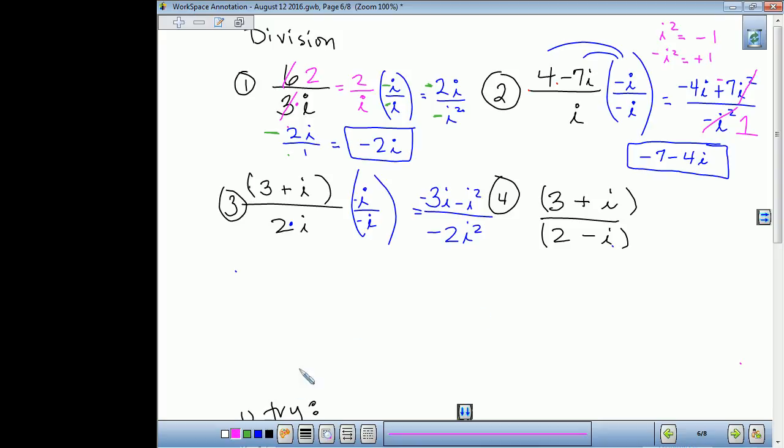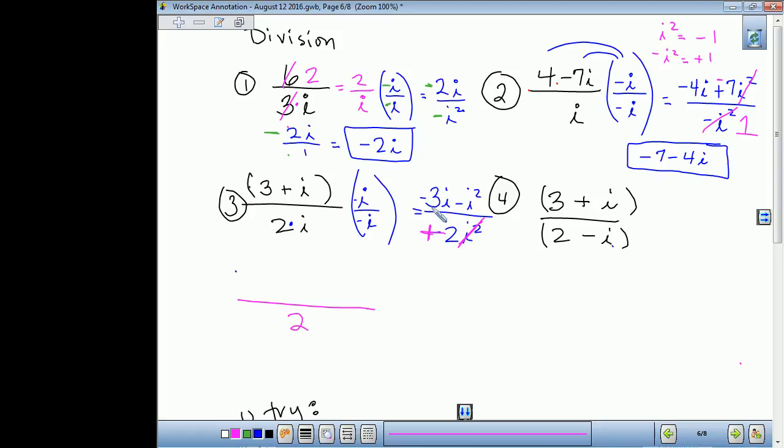Okay, so when I multiplied by the negative i, it made this negative 2i squared. But what does multiplying by i squared do? It just changes the sign. So this is now a positive 2. So my denominator this time is 2.